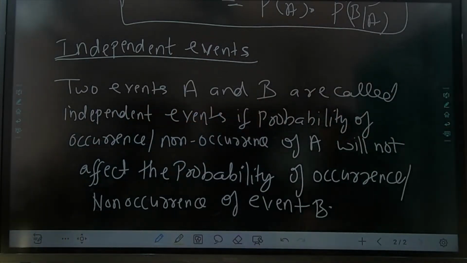That's independent. Two events A and B are called independent events if the chances of occurrence and non-occurrence of A have nothing to do with the chances of occurrence or non-occurrence of B. That's why we say they are totally independent of each other.